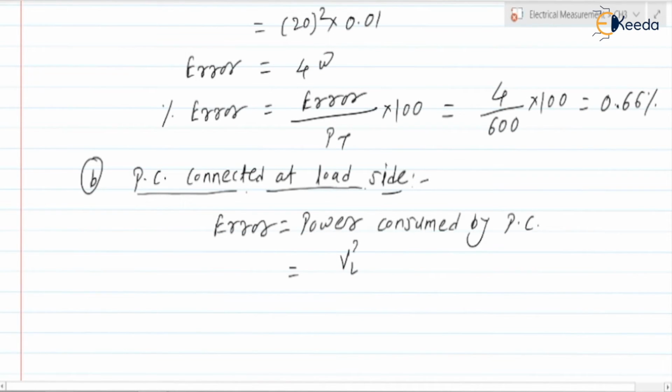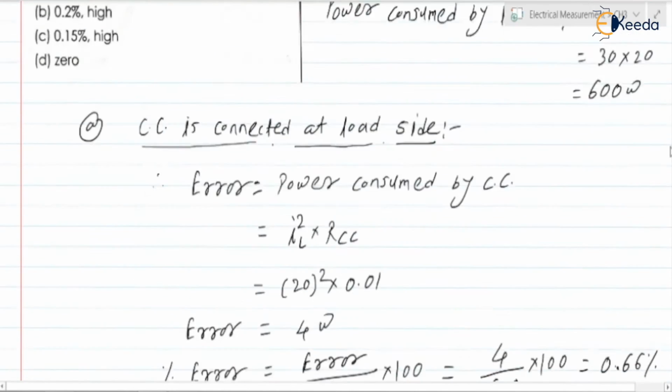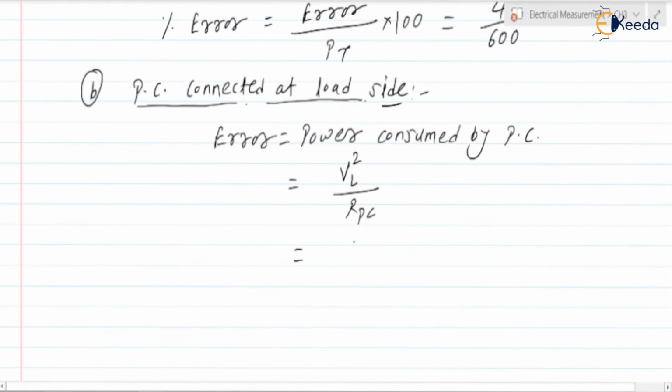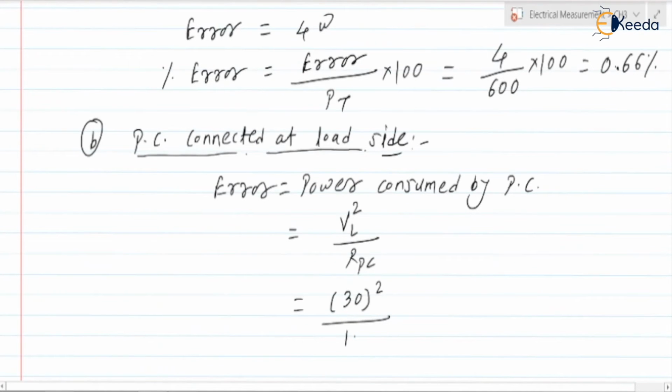It is the load voltage square divided by the resistance of the pressure coil. The load voltage is given as 30 volt, divided by RPC. RPC is 1000. So this is equal to 30 square by 1000.